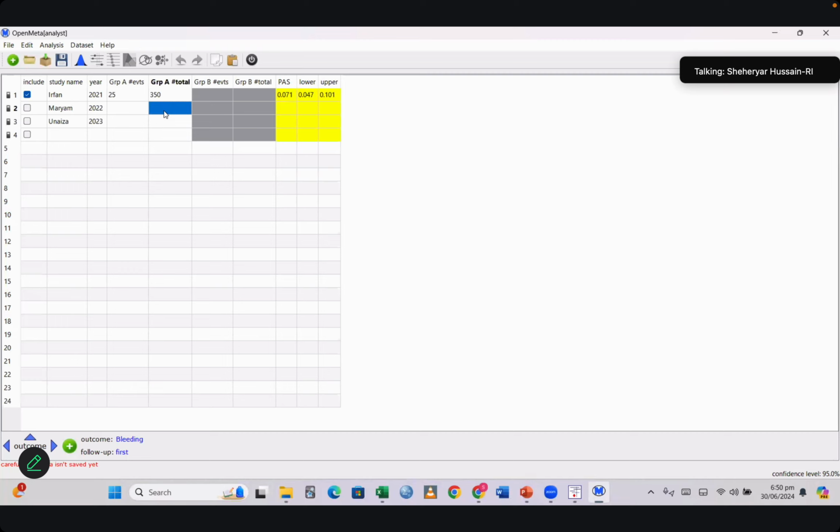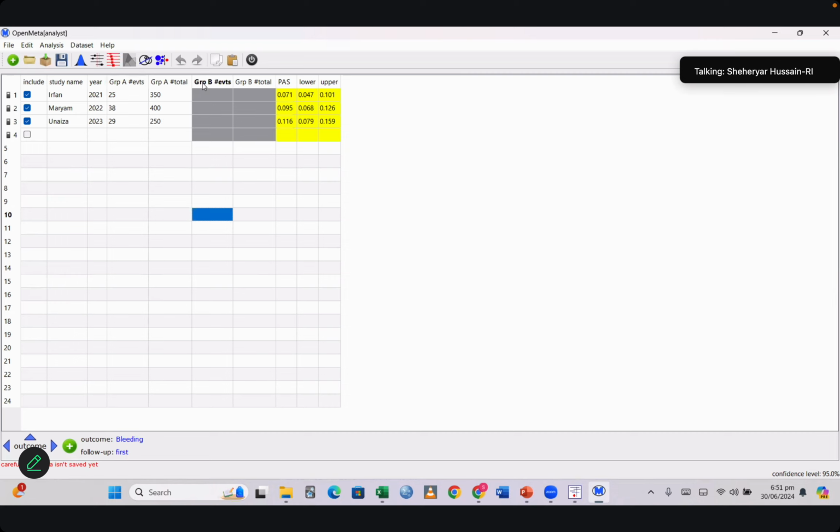In Mariam's study, 400 was the total population, and 38 was the number of patients who got bleeding after thyroid surgery. Unaiza's study contained 250 participants, and the number of patients who got bleeding was 29.